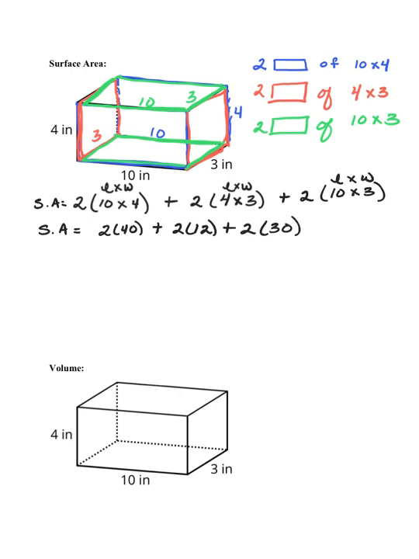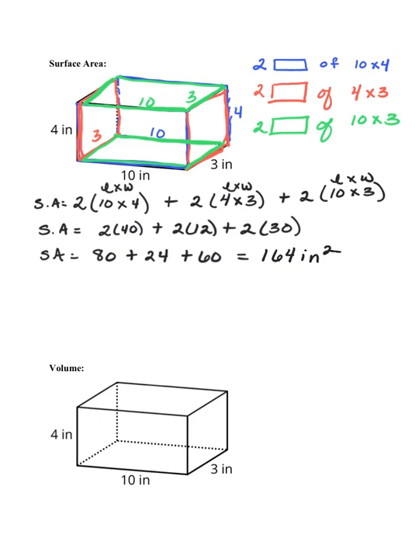All right, and so we can finish up these calculations here. We're going to have 80 plus 24 plus 60, which gives me a total area of 164 inches squared for my surface area.